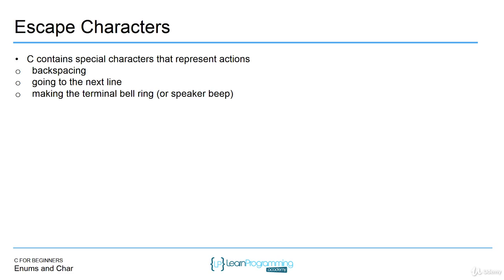Escape characters. This is a specific term that you're going to hear about where basically it's a special character that represents an action in the C programming language. So for example, you can have a special character that represents a backspace, or a special character that represents the new line, or a special character that represents the terminal bell ring.